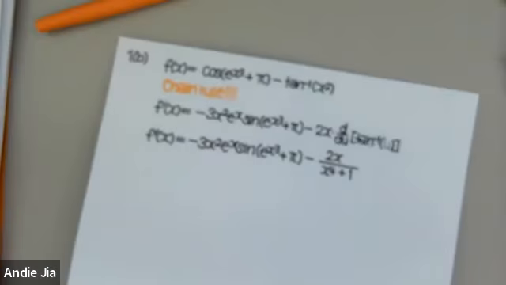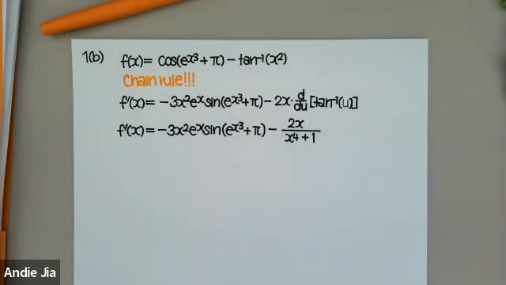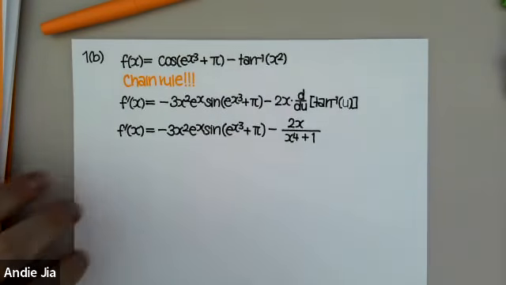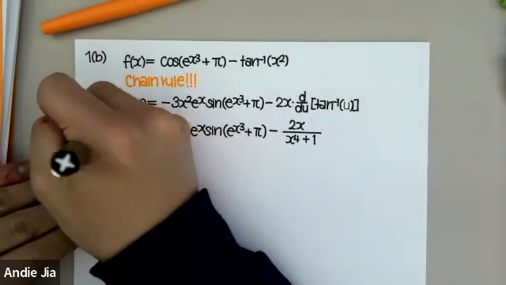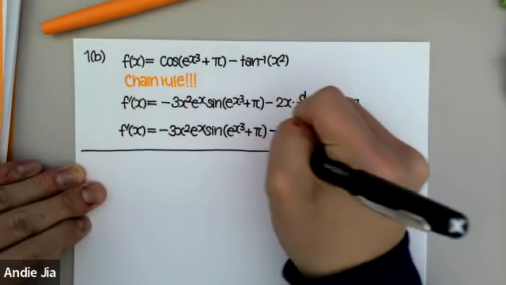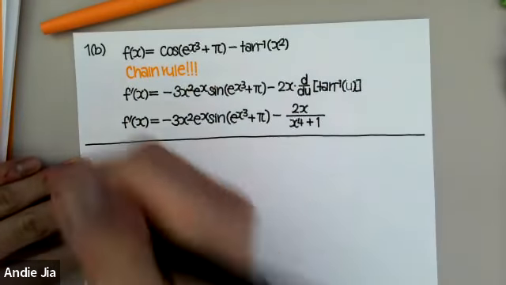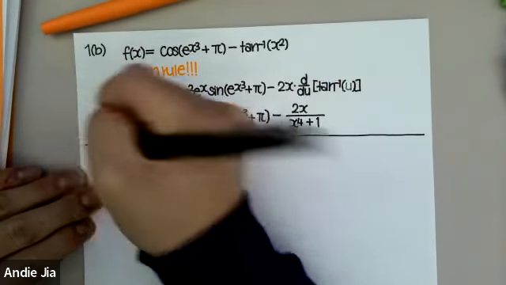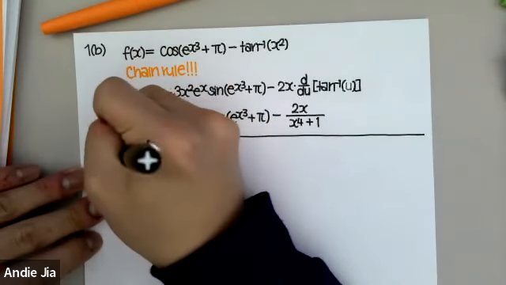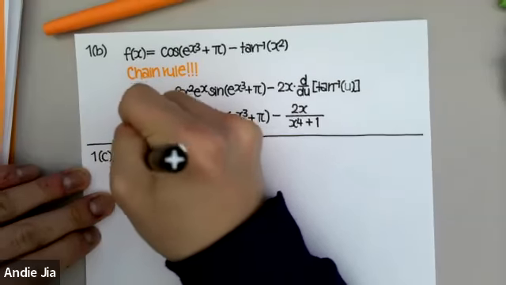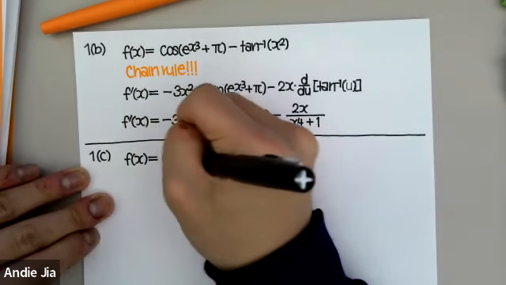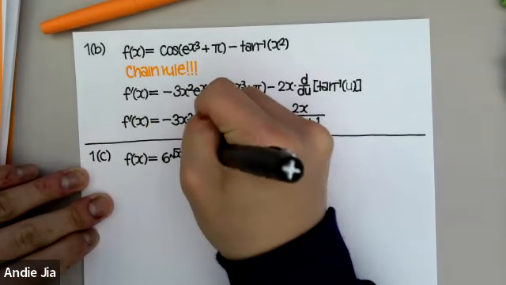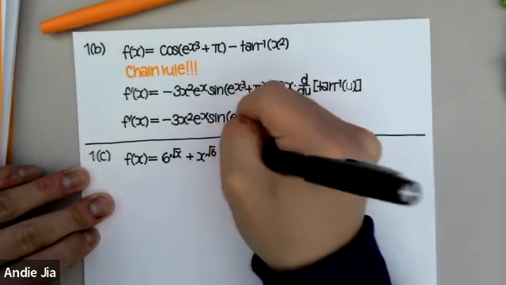Well, the next one is going to be a mixture of the rules. I think logarithm and power rule. That's very similar to one problem we did before. So f of x is 6 to the radical of x plus x to the square root of 6 plus square root of x.